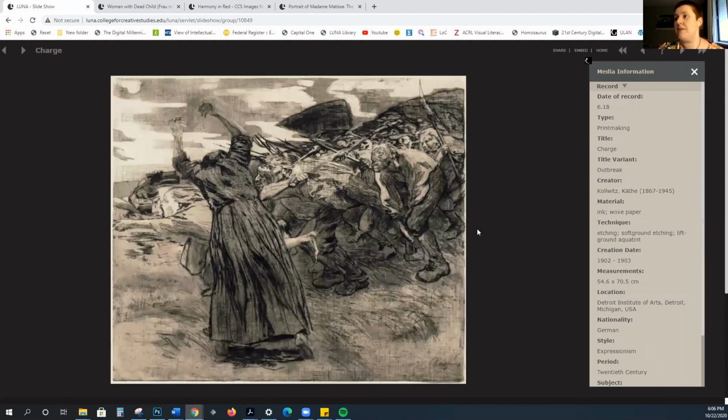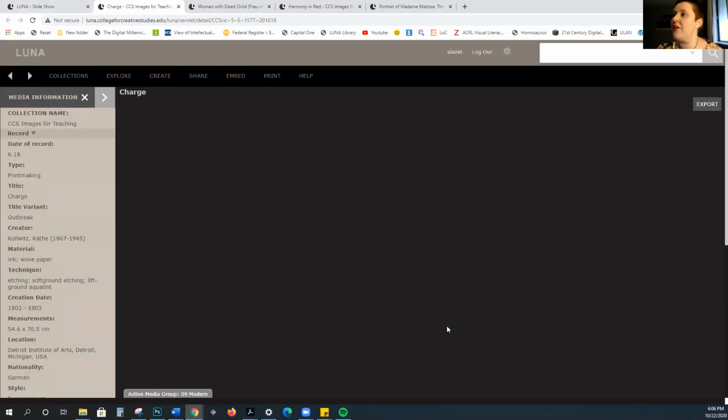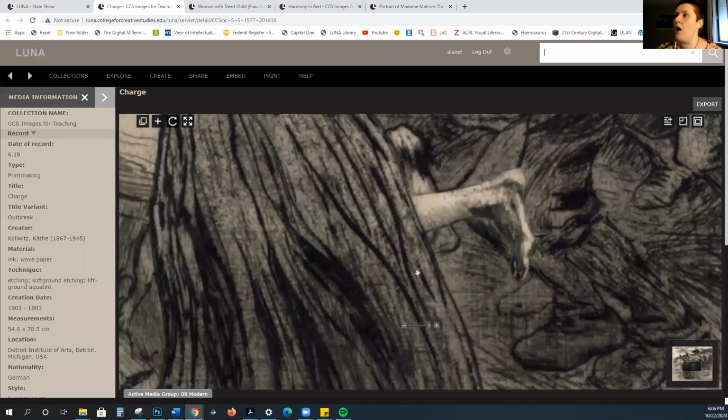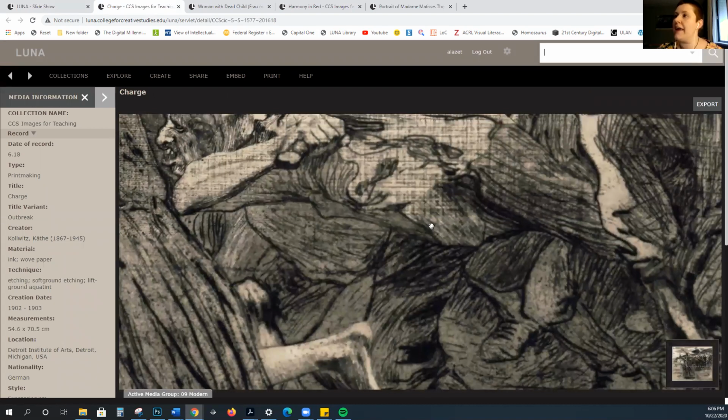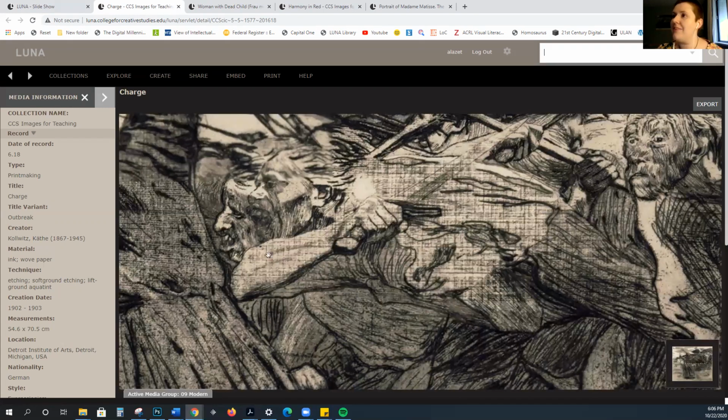She also depicted peasants. This is called Charge, or Outbreak. Here you see a woman urging peasants on to rise up against the people who oppressed them, in 1902 to 1903. Again, you can see that these figures are very animalistic. They're less than human.